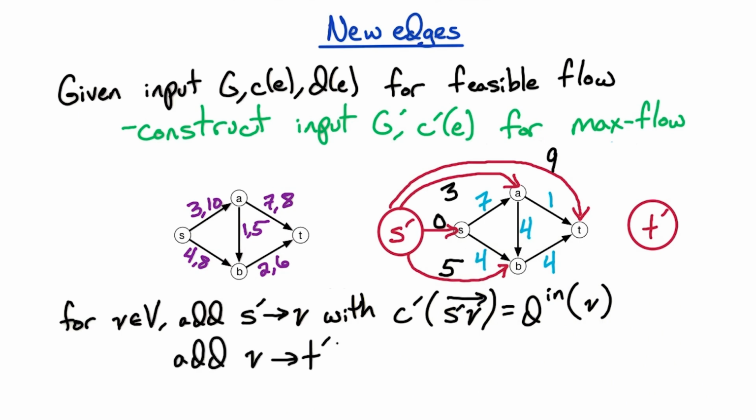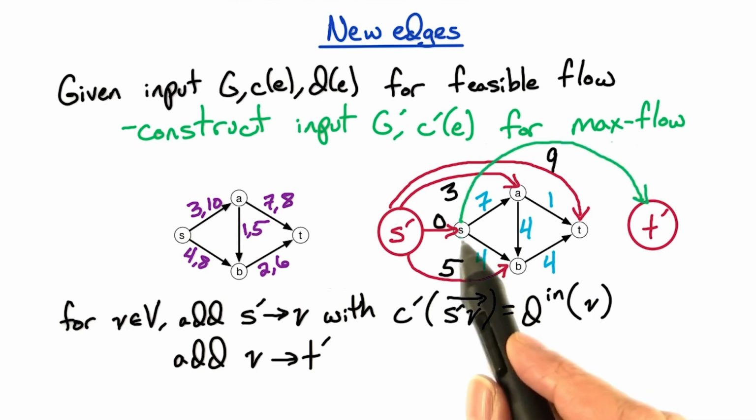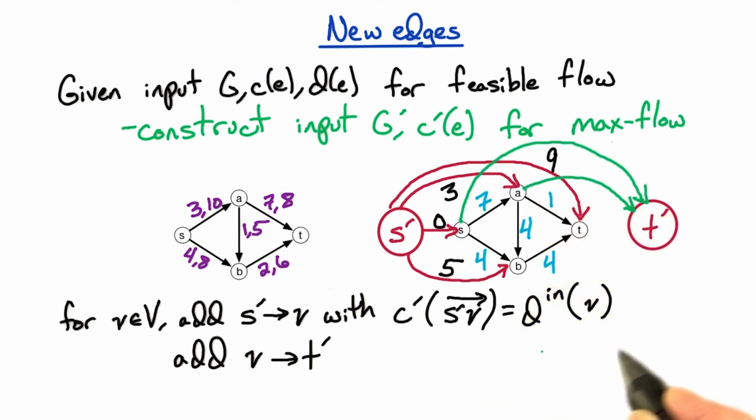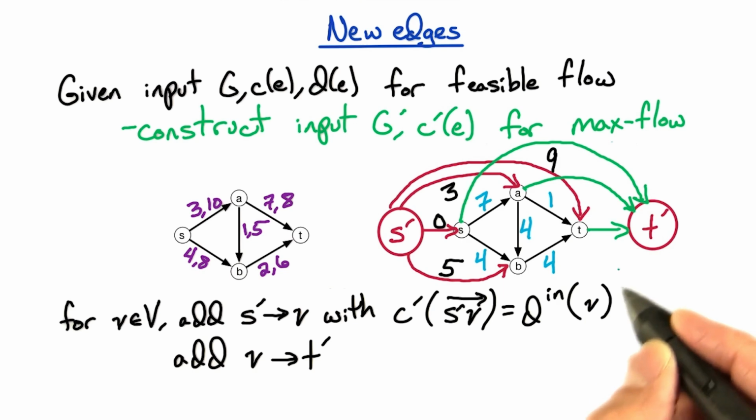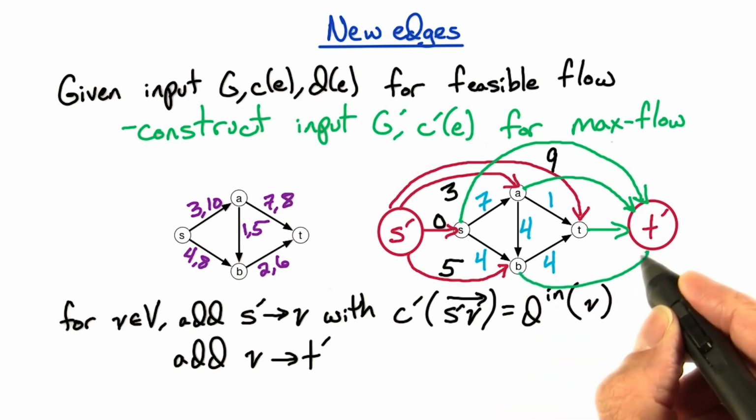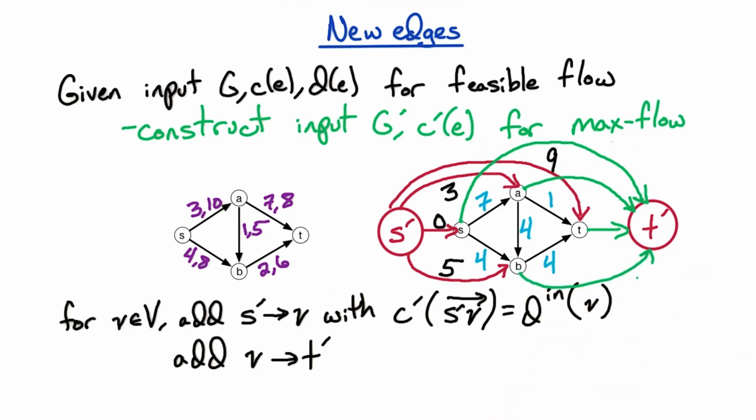Similarly, we're going to add edges from each of these vertices of the original network to T prime. Now we'll put these in a different color just to differentiate them from the edges from S prime. So we have S to T prime, A to T prime, T to T prime, and B to T prime. What is the capacity of these edges to the vertex T prime?